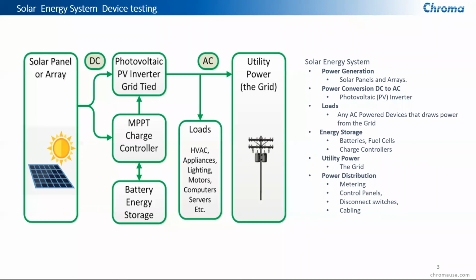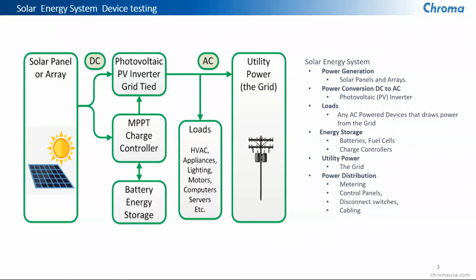It develops a DC output current and develops voltage, and we'll go into how that works. That's the input to the PV inverter, the photovoltaic inverter, which will then convert power to AC and put it back on the grid. Not all PV inverters put power back directly to the grid. Some work as standalone, but today, for this particular presentation, we're going to be talking mostly about grid-tied PV inverters.